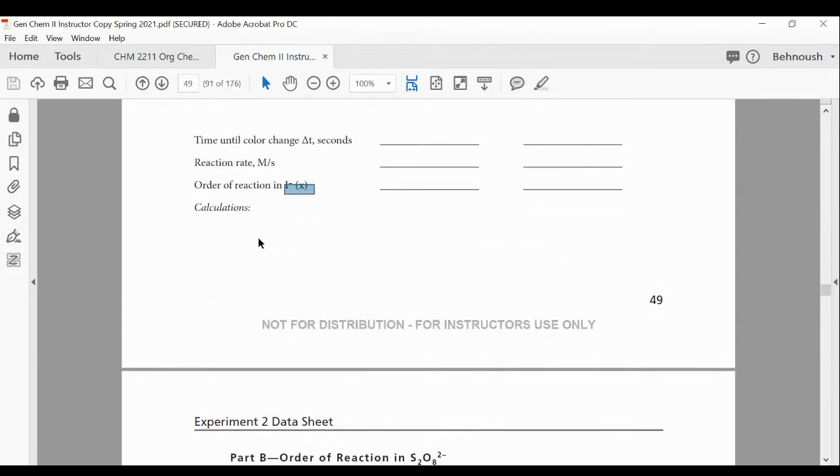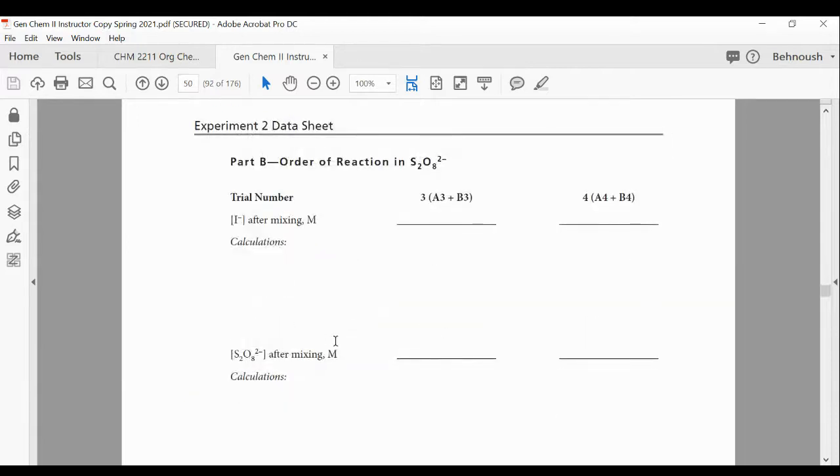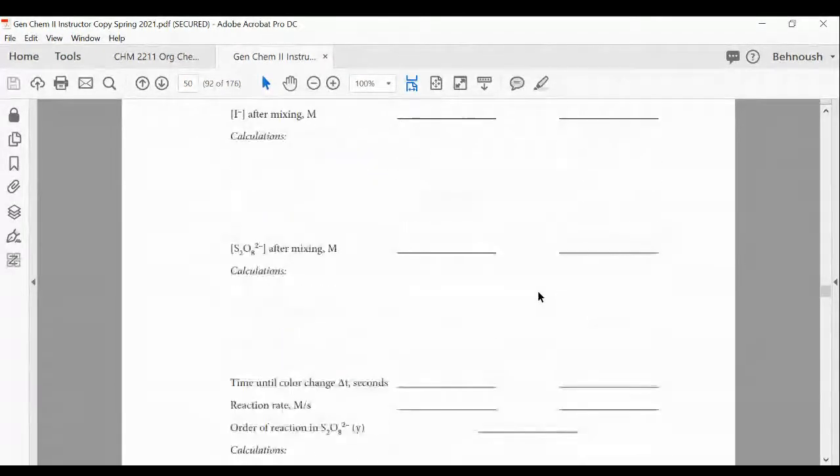So you would do the calculation for the iodine, and these are the exact same calculations as in the other one, except the volume of iodide is going to change. The final volume is going to be 19. For trials 3 and 4, the volume of iodide might be different, or if it stays the same, then it's the same calculation.